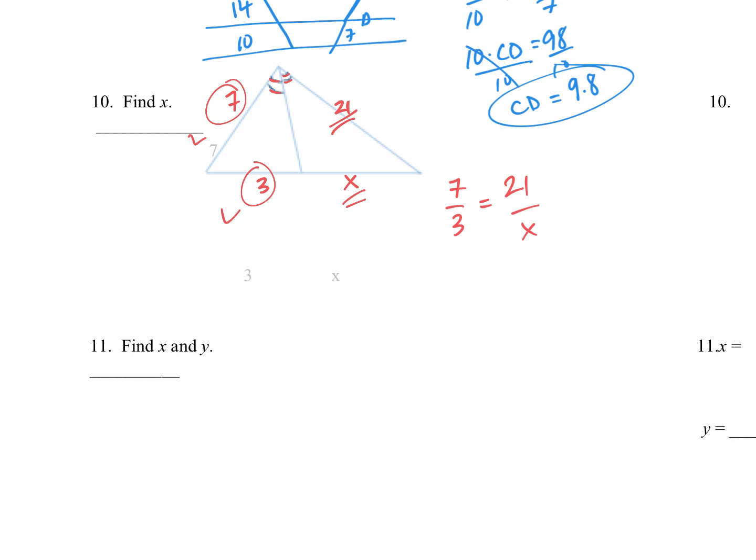I could also do 7 over 21 equals 3 over X. Either way, when I cross multiply, I'm going to get the same thing. So I get 7X is equal to 63. So X is equal to 9.